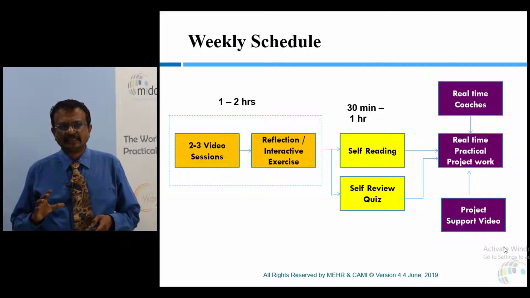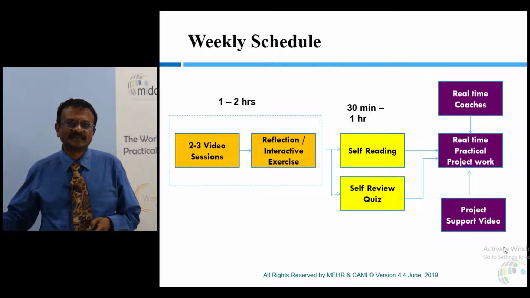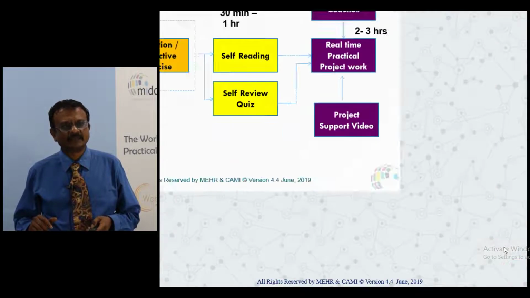This entire process takes about 4 to 5 hours every week, and the projects you submit will be validated as per global standards, and based on that you will be given your certification. Now, what does each of these 6 weeks contain? Let me take you through that.